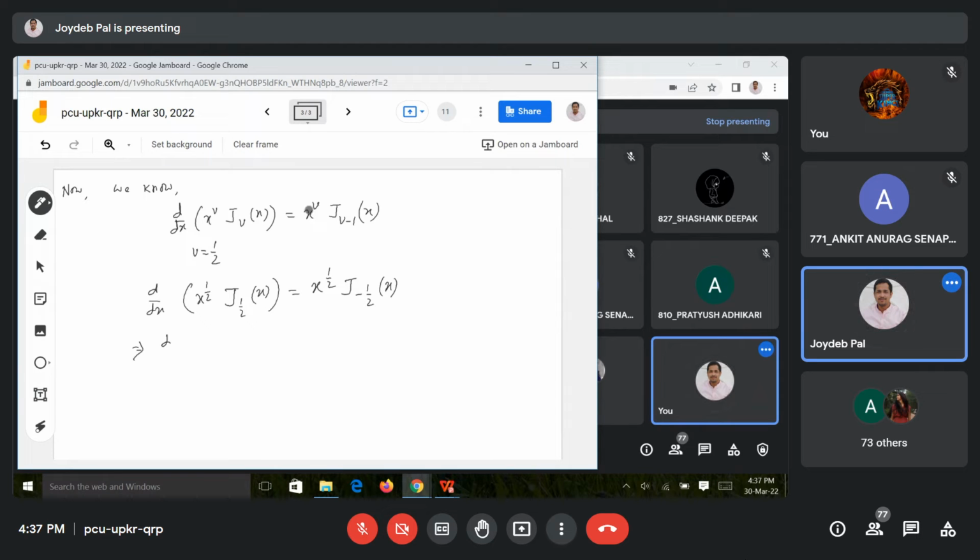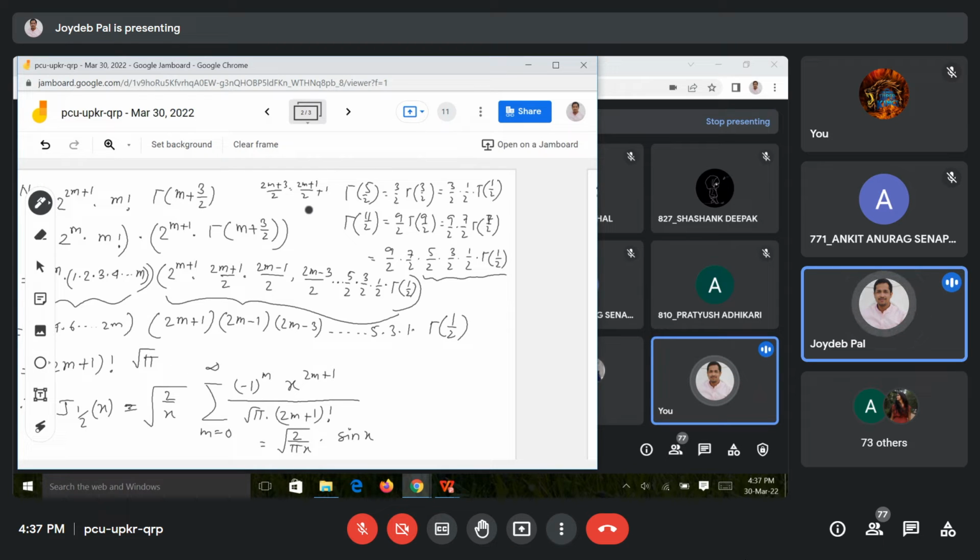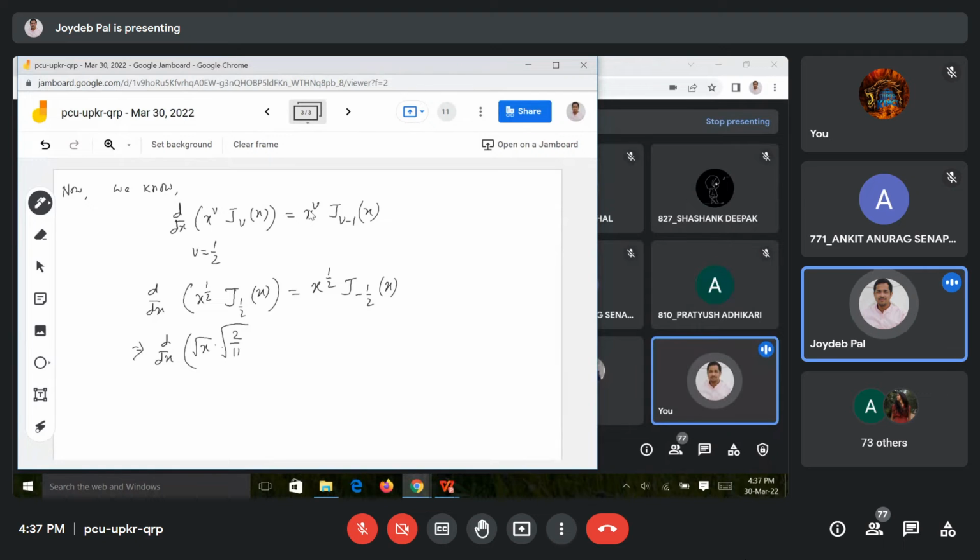Now, x to the power half means root x, and what is j half? You put it from the previous result. J half means square root of 2 by pi x sin x, and that is equal to root x j minus half x.